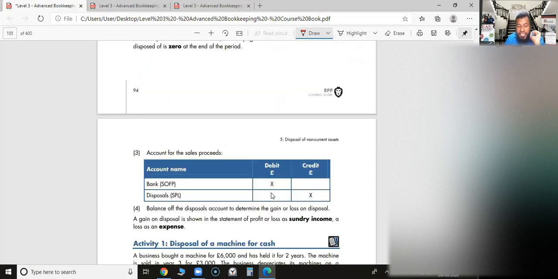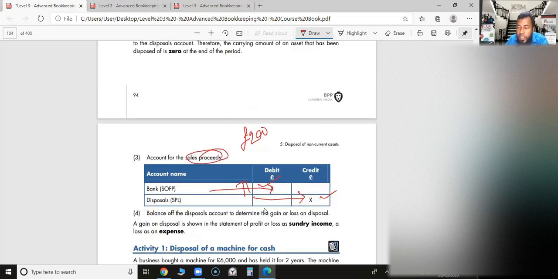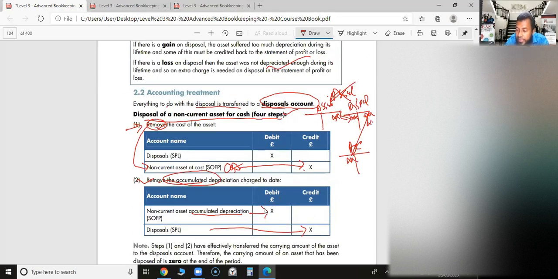And the third one we do is to account for the sale proceeds. By selling it, we got some money. In our case at the top, we got £200. So when you get money, your bank goes up. That's why bank debit. And into the disposal account, we make it credit, the sale proceeds.